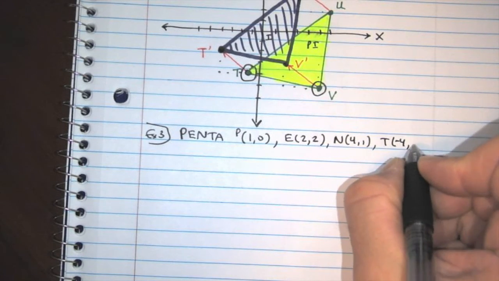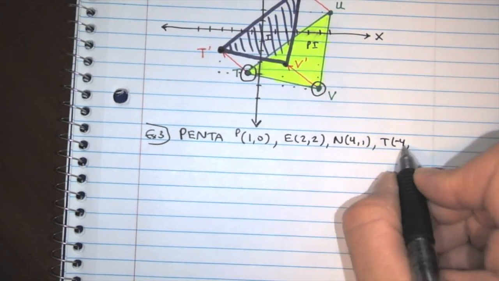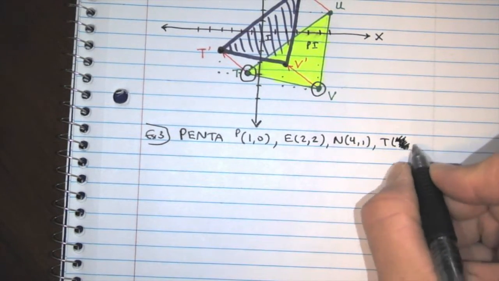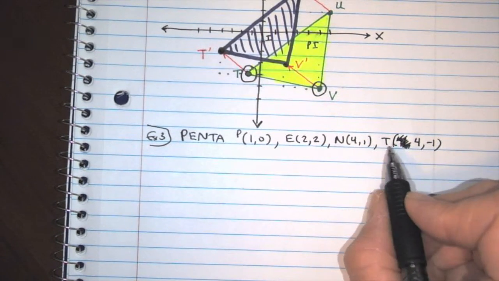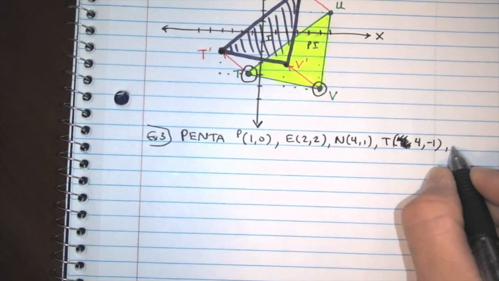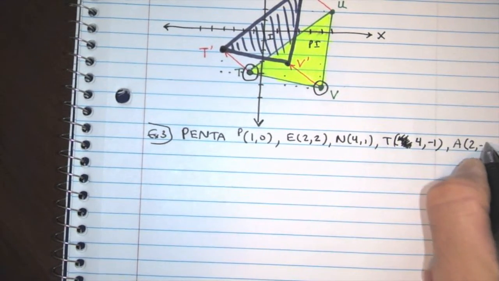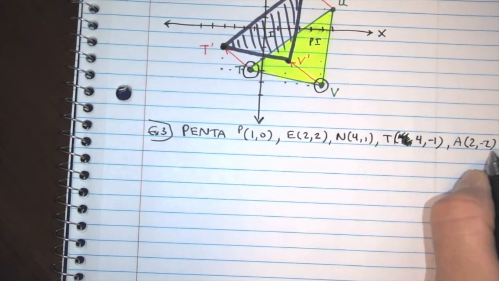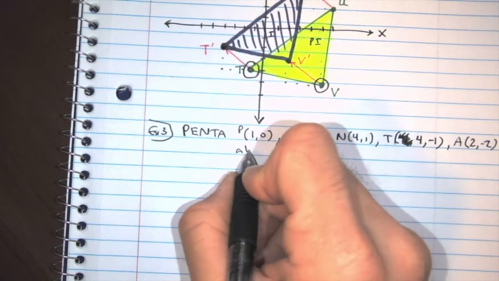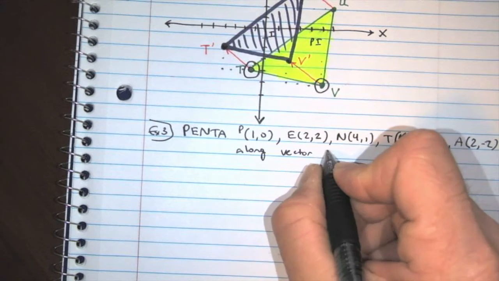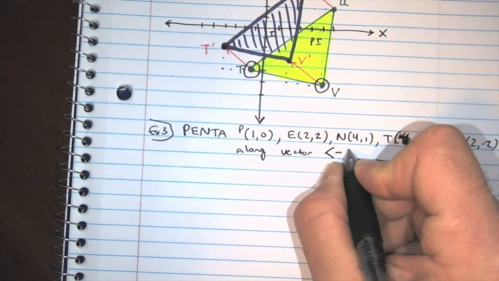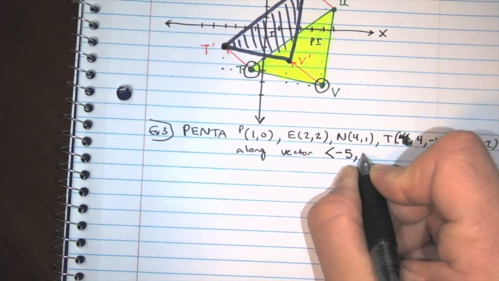T is -4. Oh gosh, there it is. I tried. I failed. T is 4, -1. And last but not least, A is 2, -2. And then I have to give you a vector. We're going to graph that along the vector -5, -1.